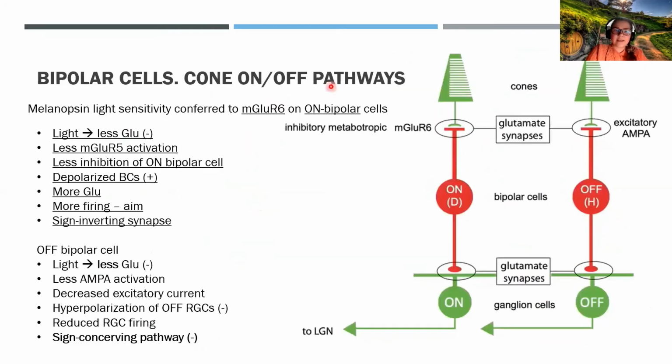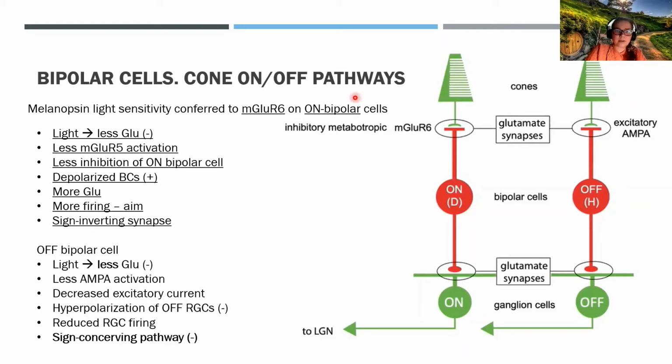Either by expressing a hyperpolarizing opsin on on bipolar cells, we inhibit them, and this produces an off response, or we can express a depolarizing opsin on on bipolar cells, so activating these cells. So off bipolar cells are not so important.